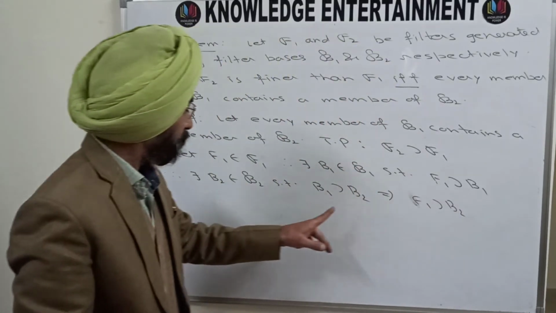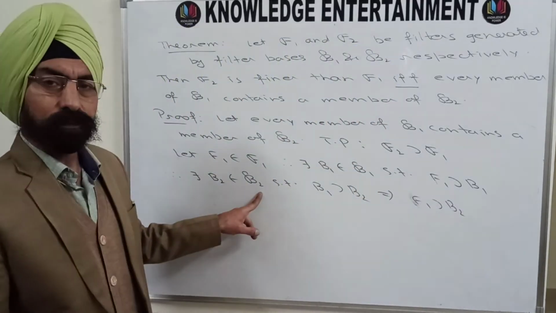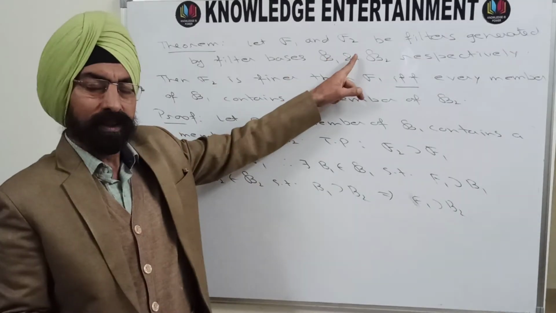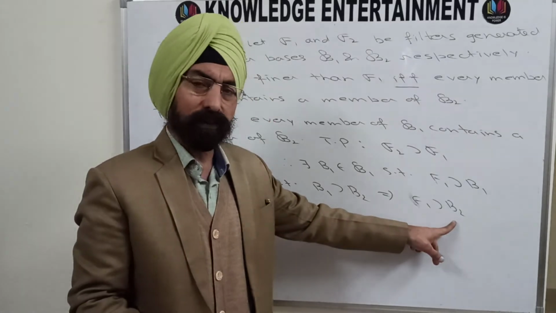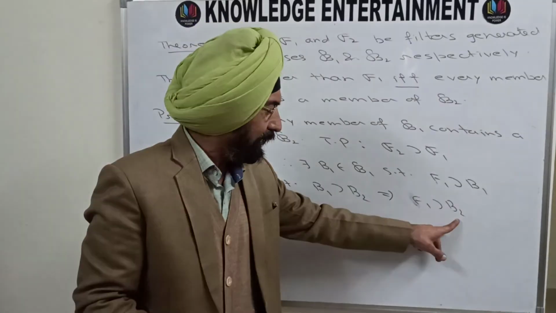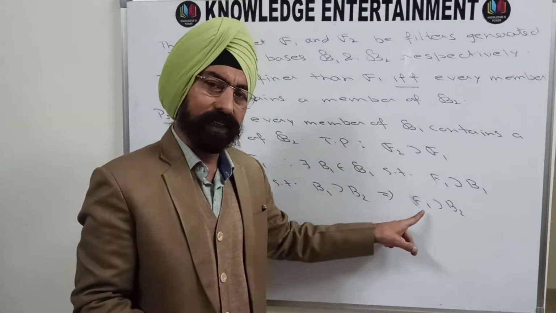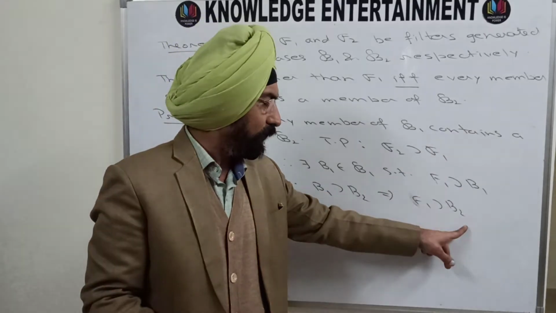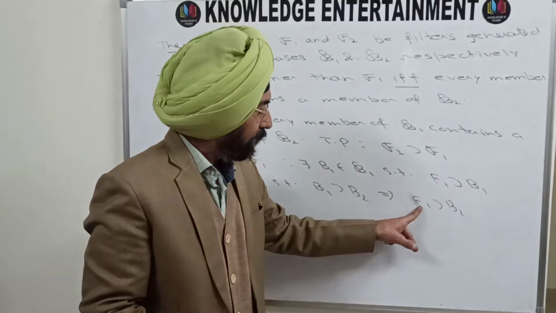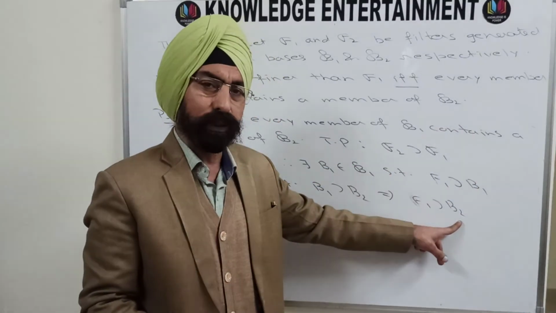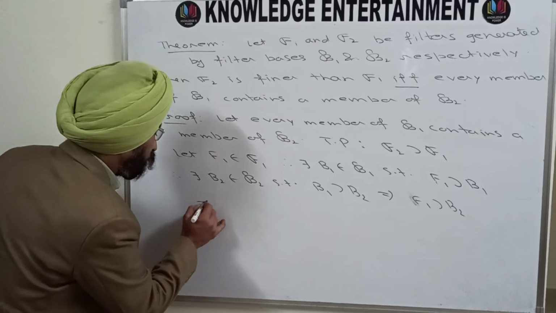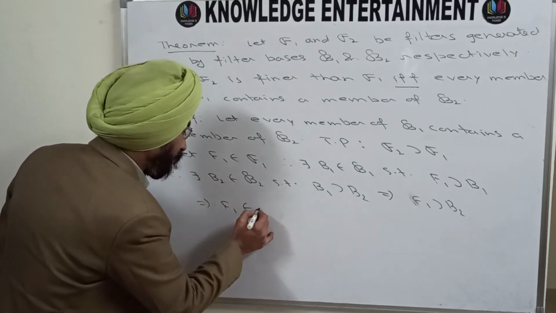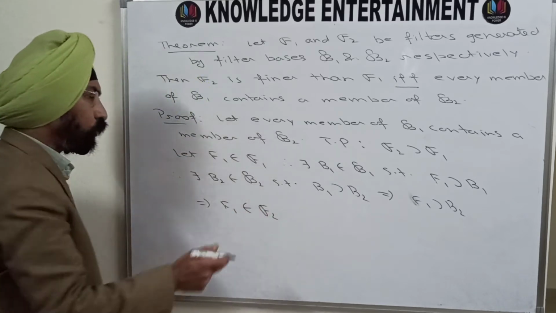Now B2 is a member of the filter base B2 and the filter generated by B2 is F2. We know that if B2 is a member of the filter base, then every superset of the member of the filter base belongs to the filter generated by that filter base, and the filter generated by B2 is F2. F1 is a superset of a member of B2, so F1 belongs to F2.